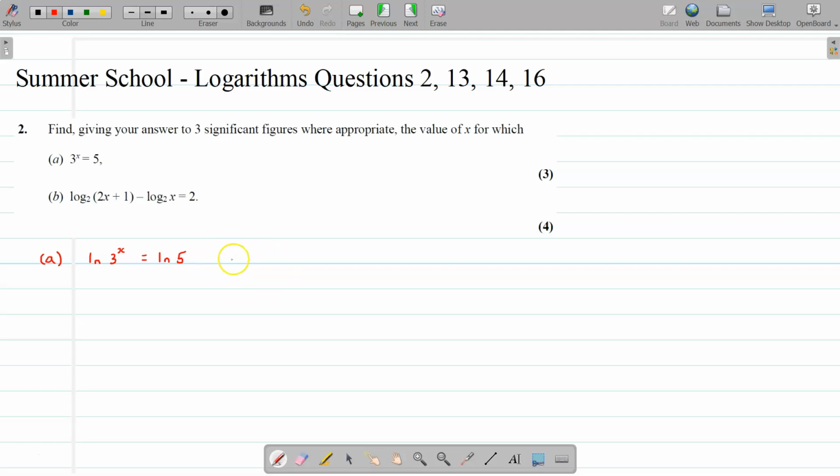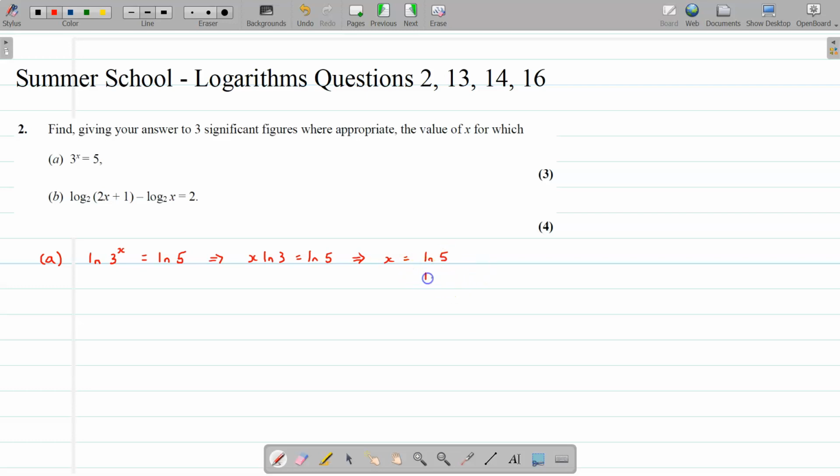By applying the rules of logs, you could take the power of the 3 and put it in front of the log. So x multiplied by the log of 3 is equal to the log of 5. You just have to rearrange that now and divide log 5 by log 3. So x equals log 5 over log 3.